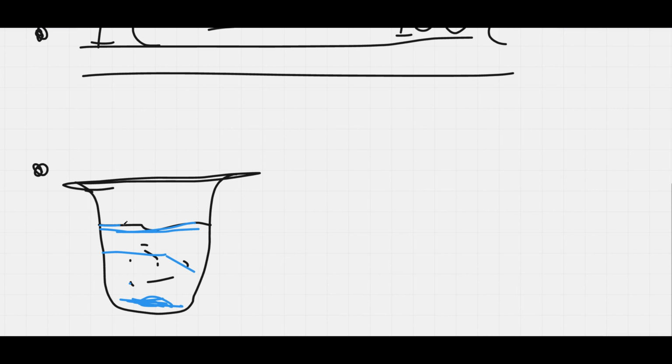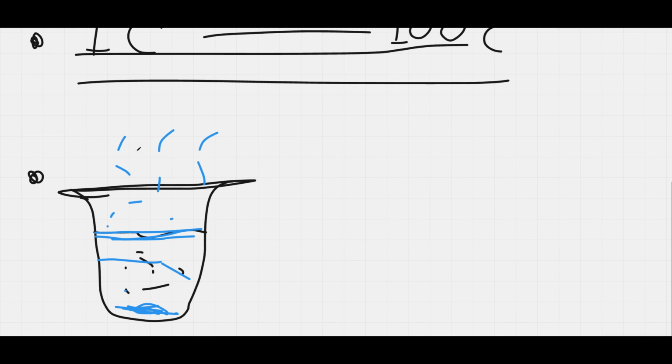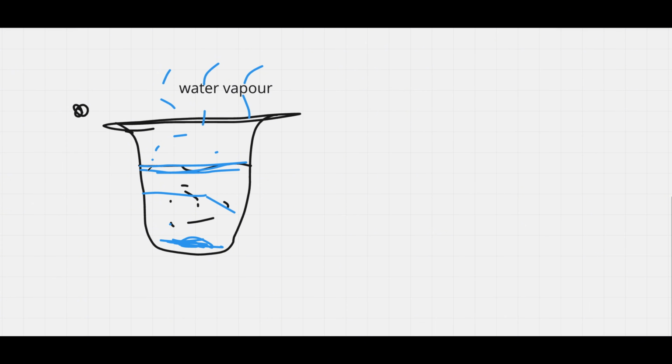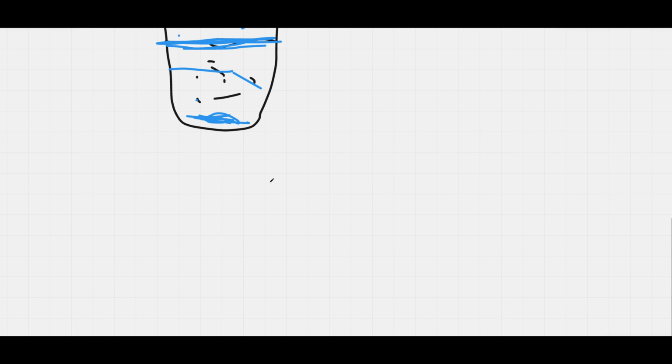Only the surface layer evaporates. It turns into gas, which is water vapor, right? So the second point, evaporation only occurs on the surface of the substance.